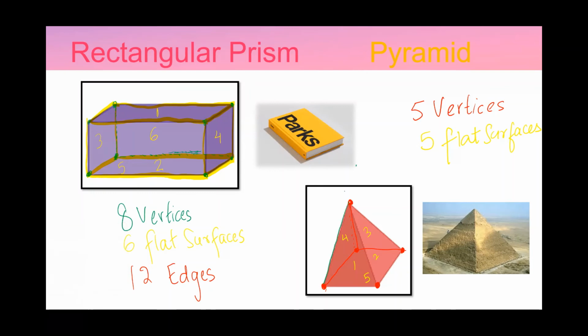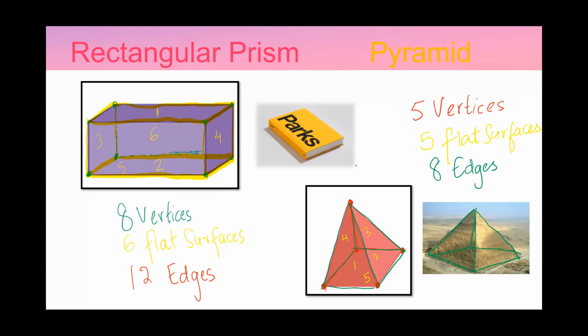Let's count. 1, 2, 3, 4, 5, 6, 7, 8. 8 edges. You see the edges over here? This one. 1, 2, 3, 4 is at the back, and then we have 5, and then 6, and then 7, and then 8. Okay?